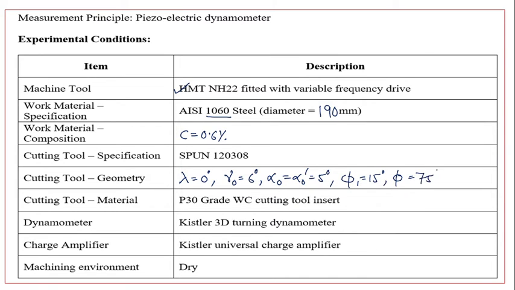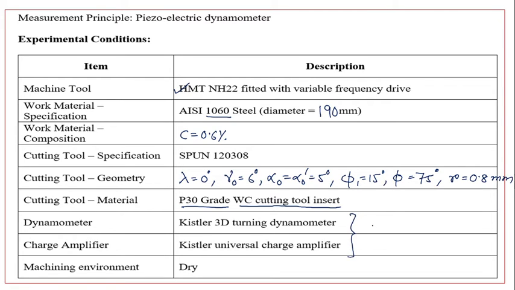It is the same tool geometry that you have used in the first experiment. There is no change. We are using a P30 grade tungsten carbide cutting tool insert, an uncoated insert that we have described in the first experiment.